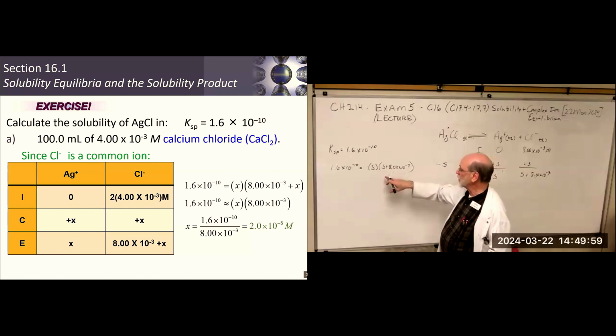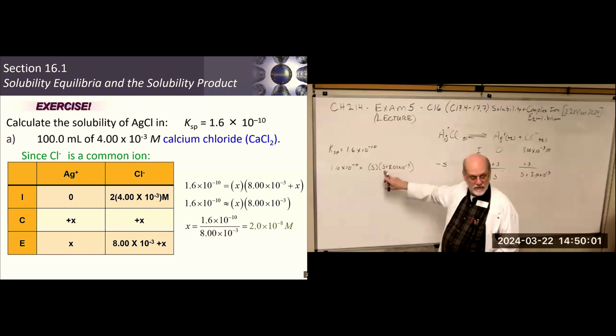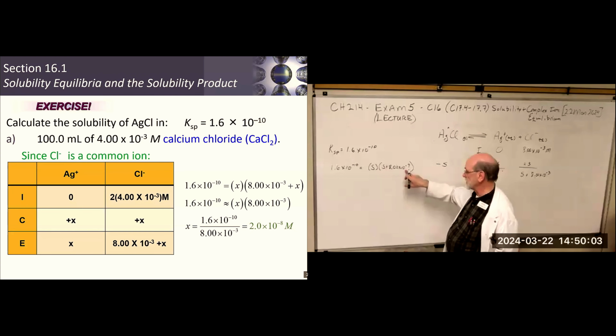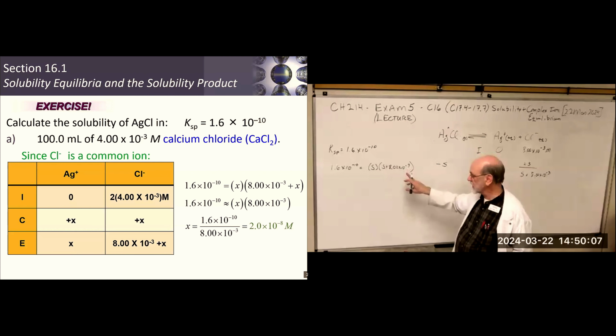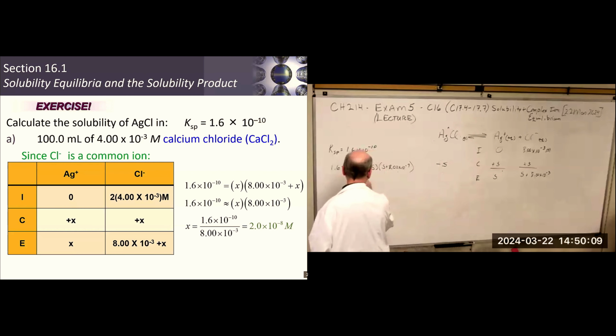So even if it were pure water, solubility would be much, much less than this value, right? Two orders of magnitude less. So I think we're safe to say we're approximately S times 8 times 10 to the minus 3. Okay.